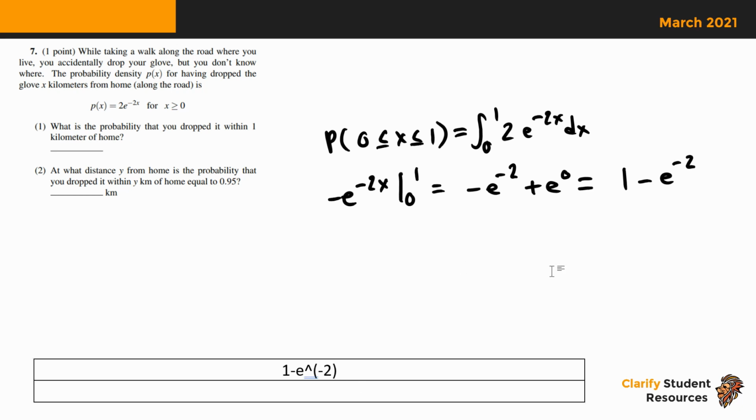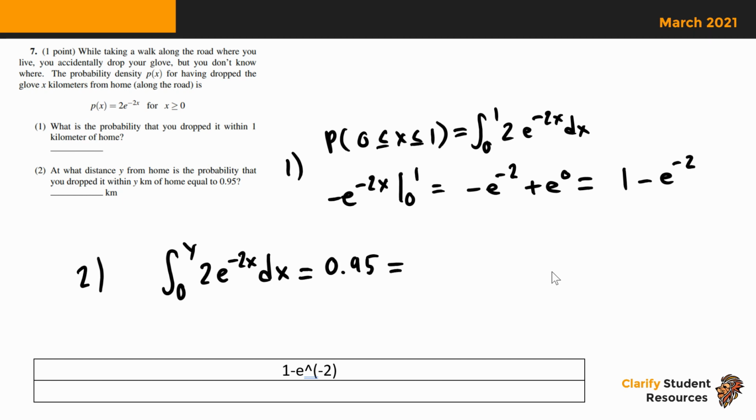Okay, so for part 2, this is basically telling us the probability. So it's saying that when we have the PDF and we go from 0 to y for 2e to the negative 2x dx, this is basically going to give us a probability of 0.95.